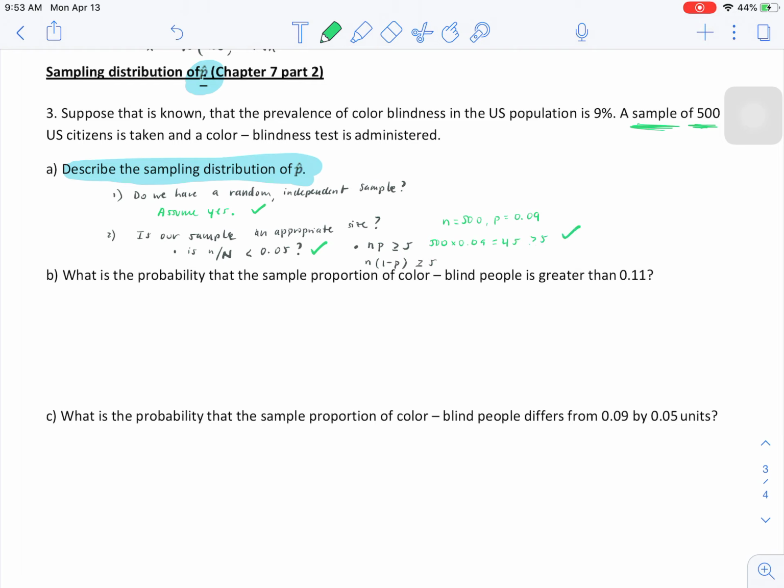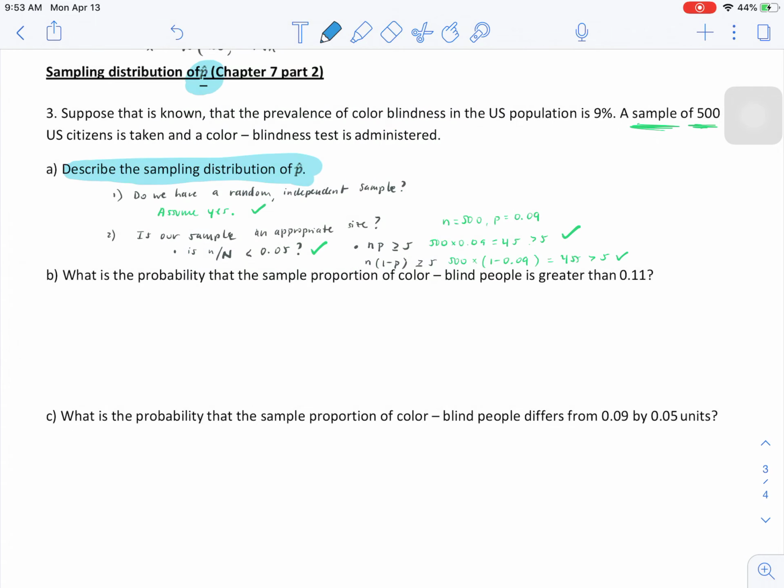Next we check 500 times 1 minus 0.09, which is 0.91. To be exact, it's 455, which is very much greater than 5. So that condition is satisfied.